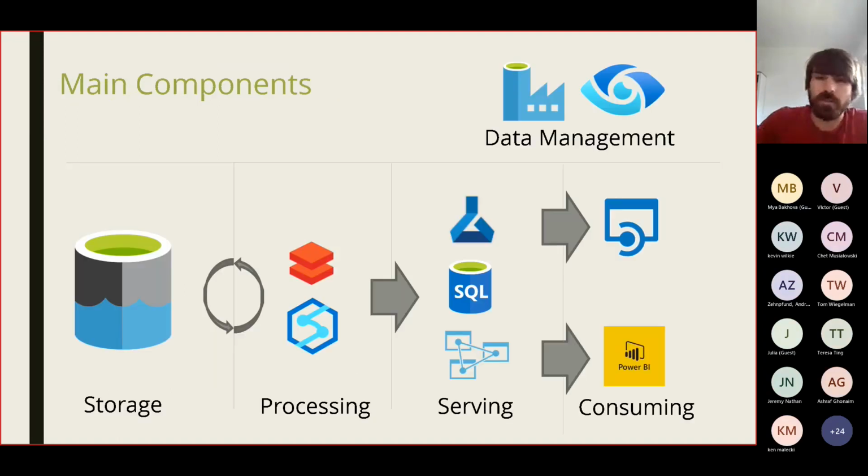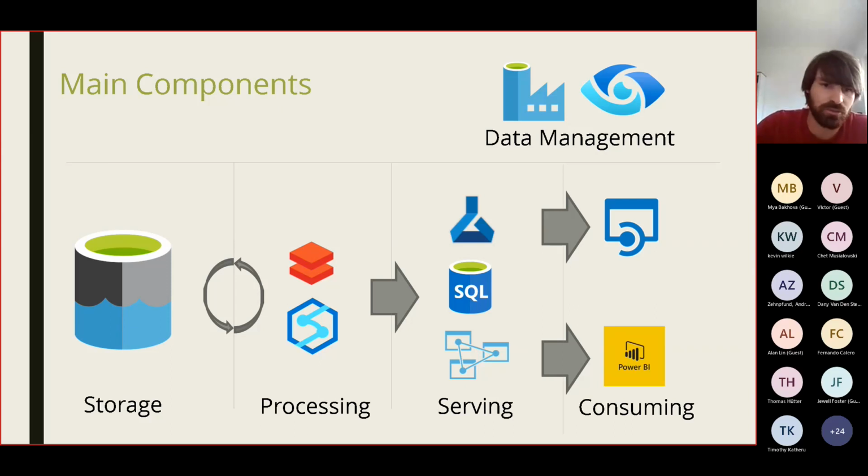Okay. So let's come to the main components. It's actually pretty straightforward. That's just a very high level overview. What you will always need is some storage, obviously. You will need some processing engines, which can be any. As I said, storage and compute are independent of each other.